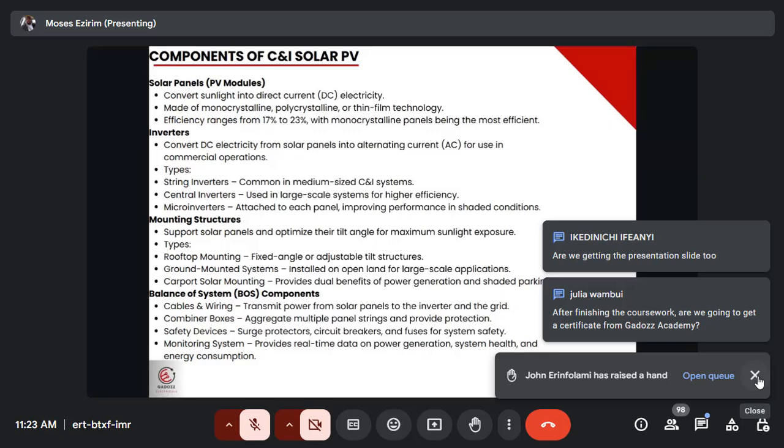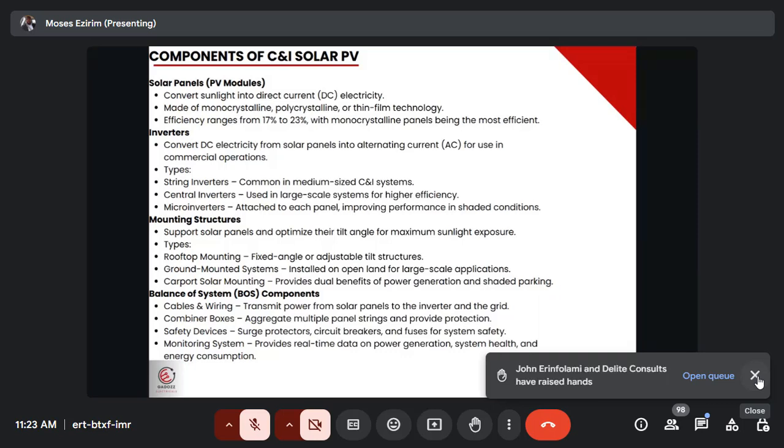Let me give you an example. If you do an installation, before you do the installation, you've done your financial analysis. From your financial analysis, you already know that for this month, this is what my energy should be. For this day, this is what my energy should be.